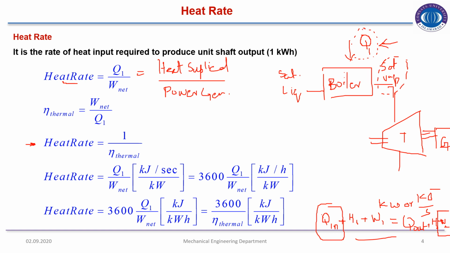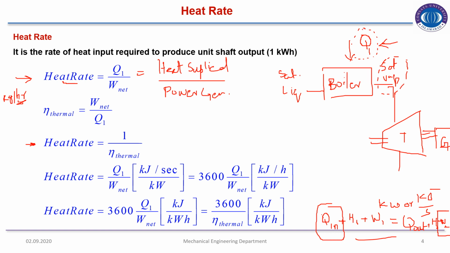So heat that is supplied through the boiler into the system has a unit of kilojoules per second, and the amount of work that is extracted through the turbine from the system has a unit of kilowatts. But usually when we are calculating the value of heat rate, similarly to the previous slide, where we calculated specific steam consumption in kg per second or kg per hour, hours are the standard unit.